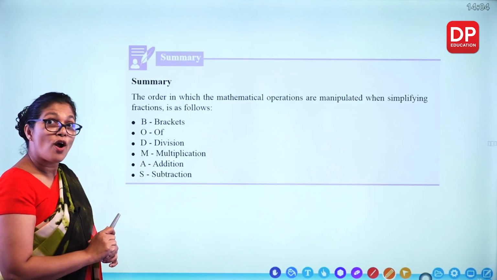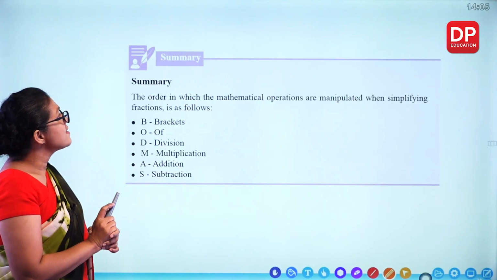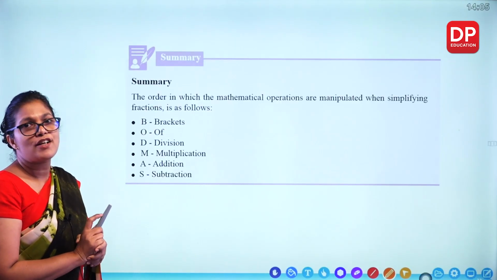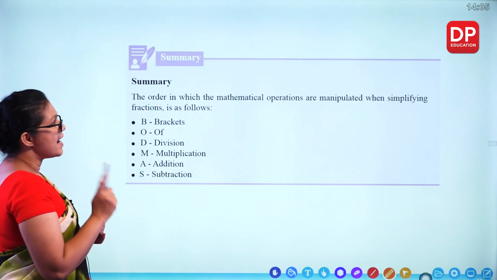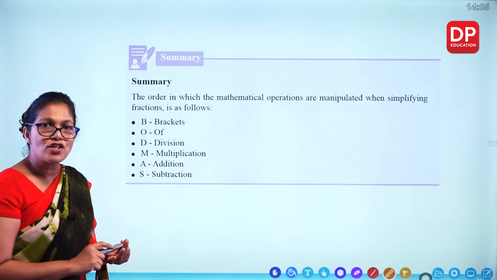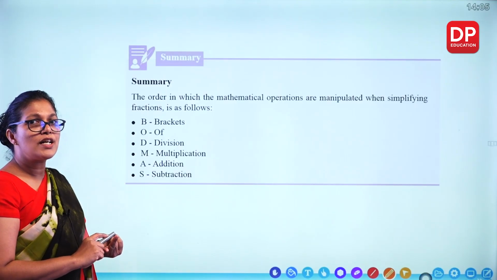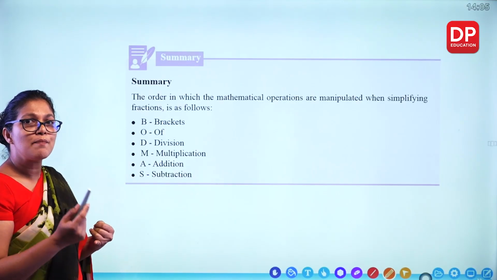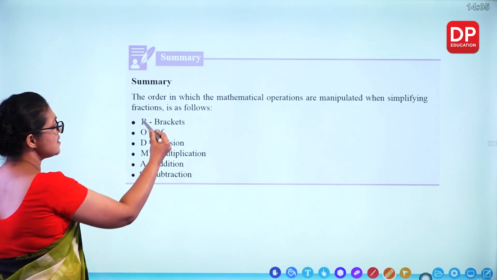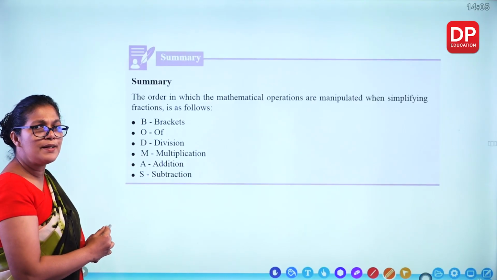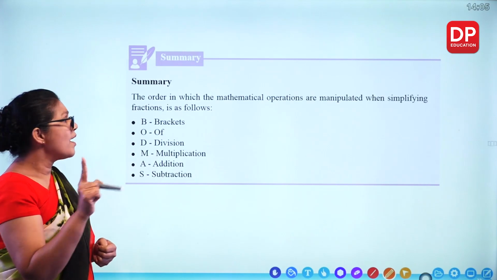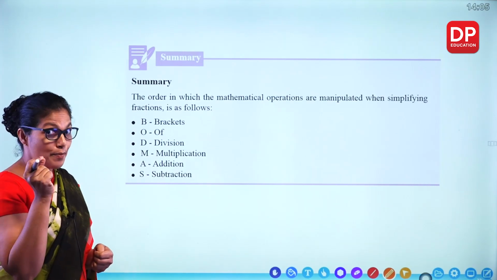So we covered all theory in this lesson. So basically we talked about fractions. Fraction addition, subtraction, multiplication, division, as well as when you are simplifying expressions, BODMAS is important, and we learnt another one about reciprocal.